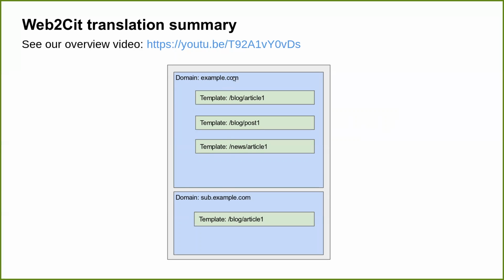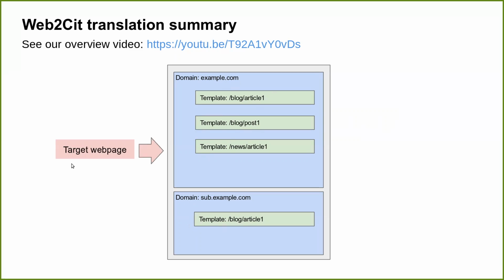So within this example.com domain, we have, for example, 3 translation templates. One for example.com/blog/article1. This is like the template web page path. These other 2 templates, and we have, for example, in this example, a translation template for this other example.com domain.